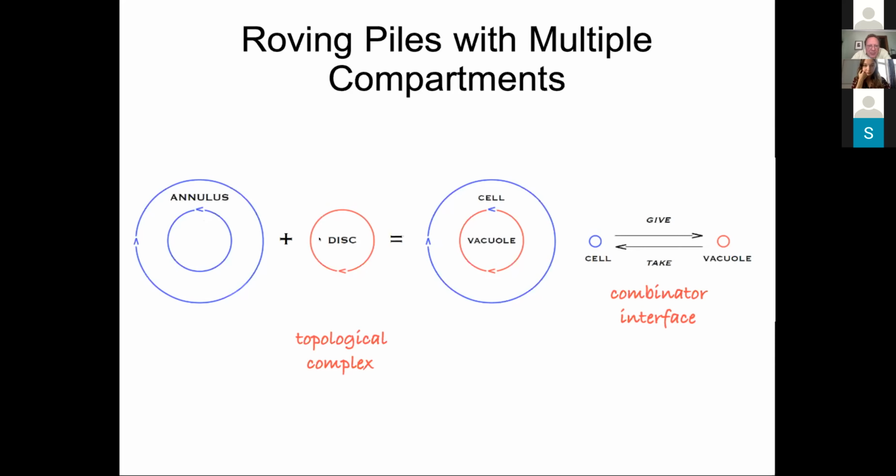But we can create a circular shape pile, and then we can perform a topological identification. And when we do that, what we get is a pile with two compartments. And we can call this one the cell and this one a vacuole. And then I can extend the combinator chemistry with two functions, two combinators, which can serve as an interface.